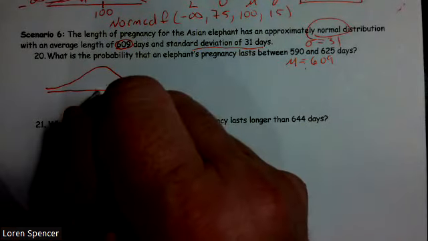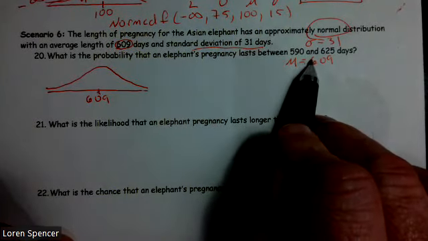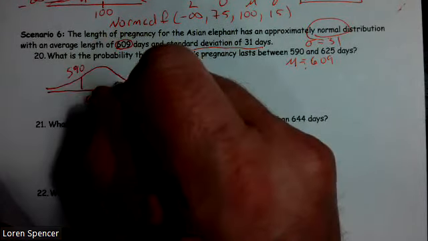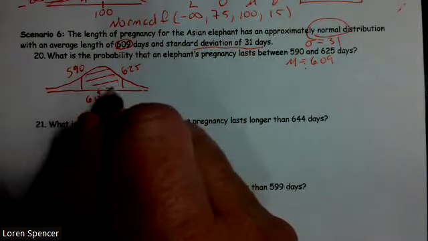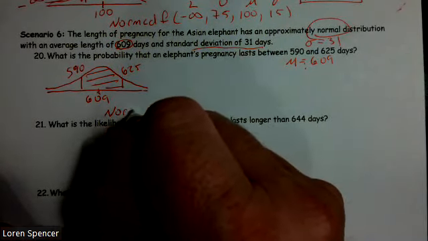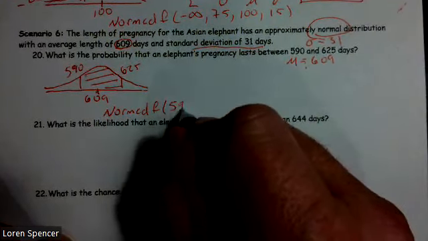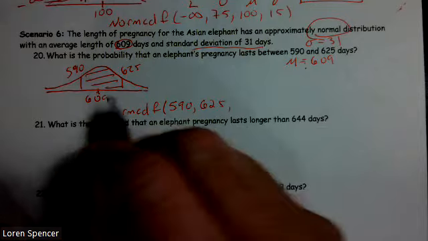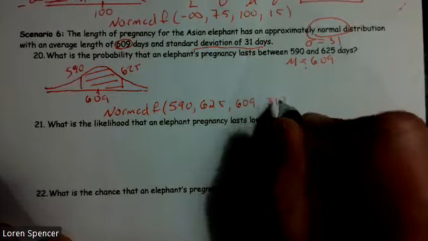So my mean is 609. And they said between 590 and 625. Well, 590 is below 609, and 625 is above it. So I have those values. So once again, a norm CDF, lower 590, upper 625, mean 609, standard deviation 31.